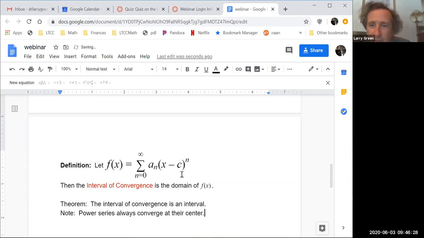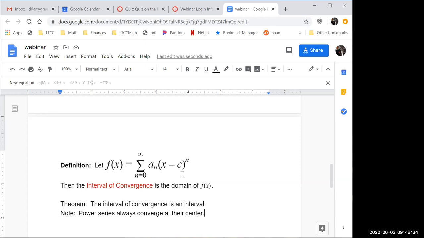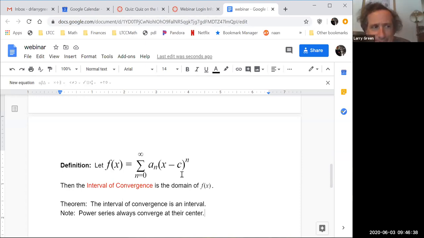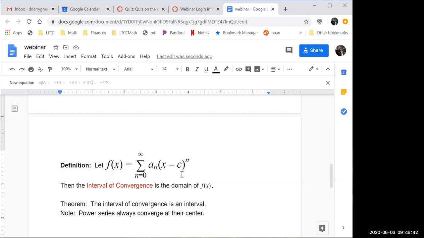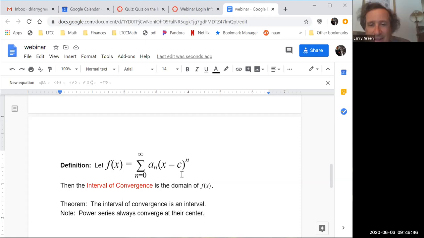Why is that true? Because their center is a number. Yeah, but off the center is still a number. The center is 5 and you plug in 7, 7's a number too.